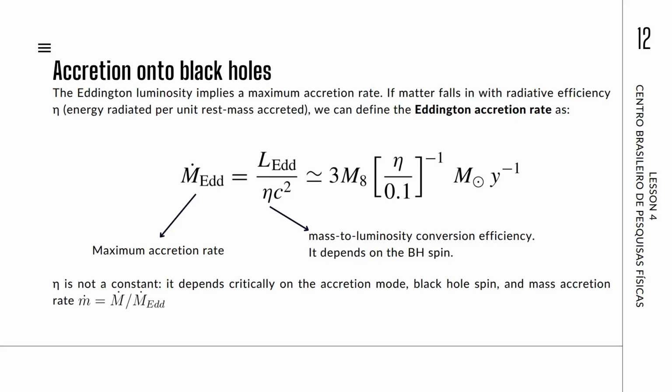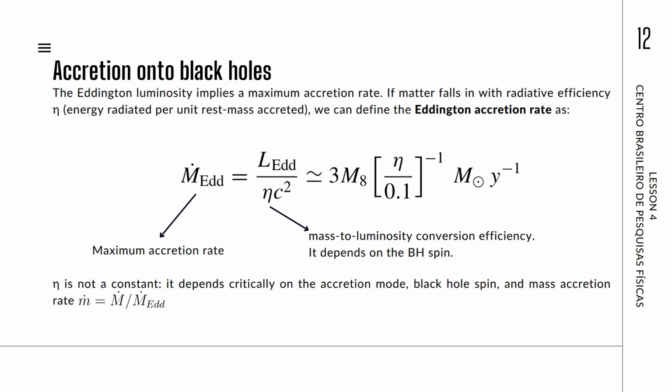So mass times c squared is the rest energy of the particle, per second. So we have energy per second, which is luminosity, or power; luminosity and power are the same thing. This eta is just the efficiency. So the Eddington accretion rate is defined as the Eddington luminosity divided by this efficiency coefficient and the speed of light squared. Measuring this eta is not a trivial task. We will see this in the other slides.